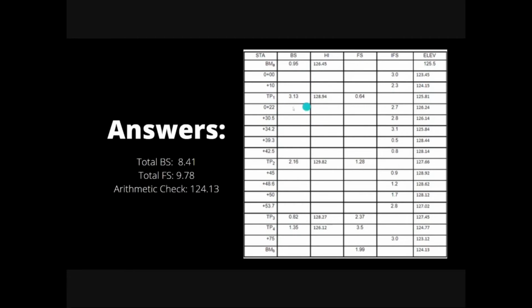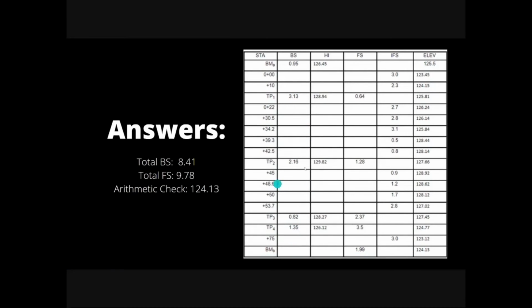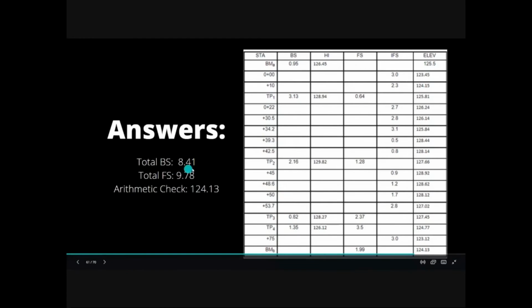So there are only 1, 2, 3, 4, 5 values that we need to add to get the total or the summation of the backside value. So we added them together. The result would be 8.41.